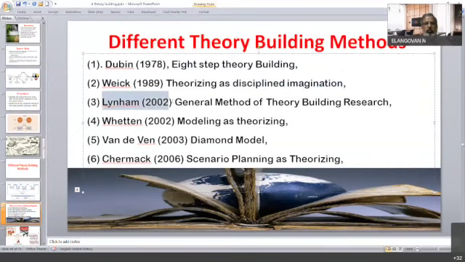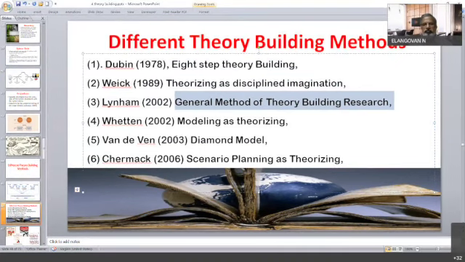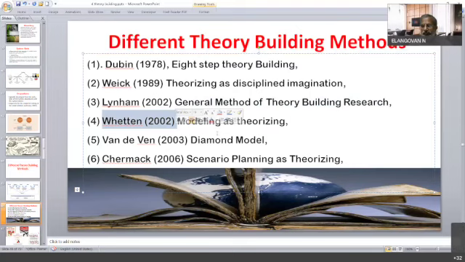Lynham 2002, he says general method of theory building research. So he combines so many methods and comes out with a general method for theory building. And Wheaton 2002 says modeling as theorizing. So even you can model it, and that becomes theorizing.